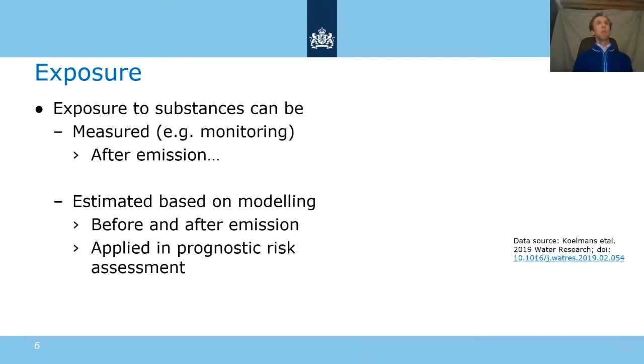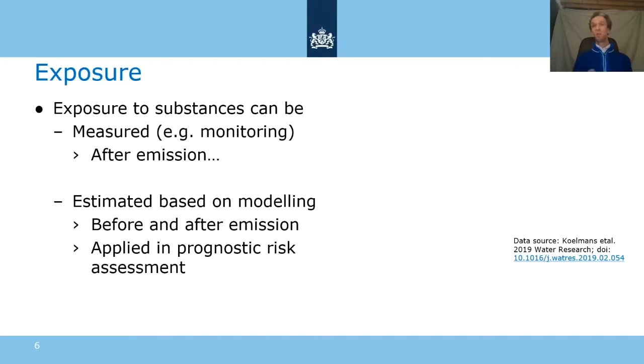Now, actually, you can measure, of course, your concentration, which is done very often, monitoring different substances, monitoring their spread, but that's, of course, after it's already been emitted. But sometimes it's very handy to know it beforehand.